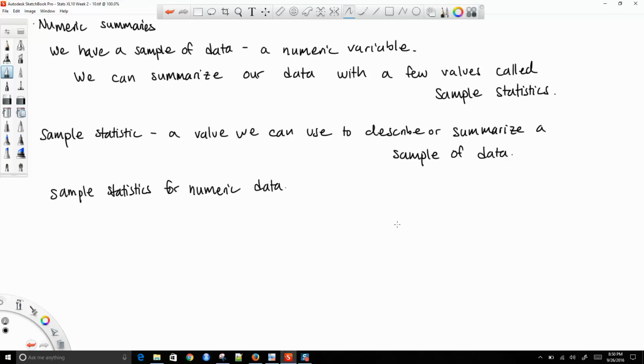For example, as students, you are familiar with the concept of a GPA. Your GPA is just a single number that is supposed to summarize your entire academic career.